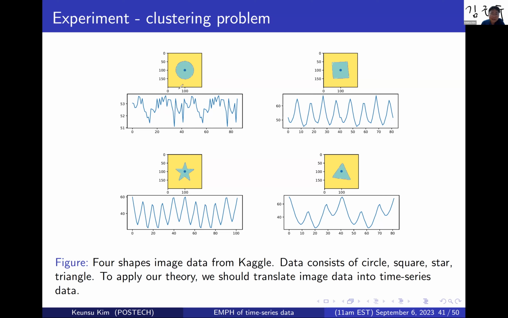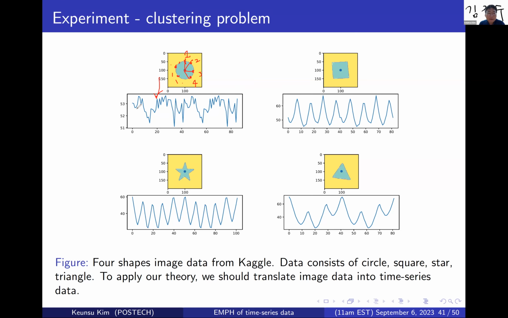For example, using a Python library, selecting points on the boundary, 1, 2, 3, 4, and measuring the distance between the center and these points. This is represented by time series data.